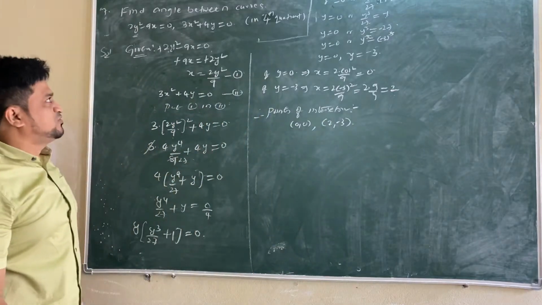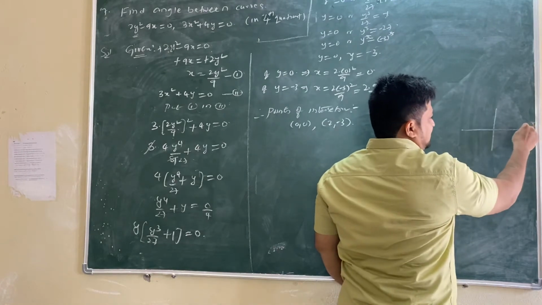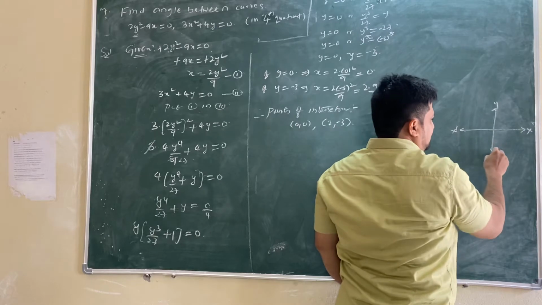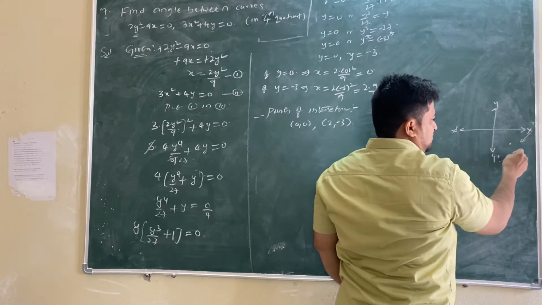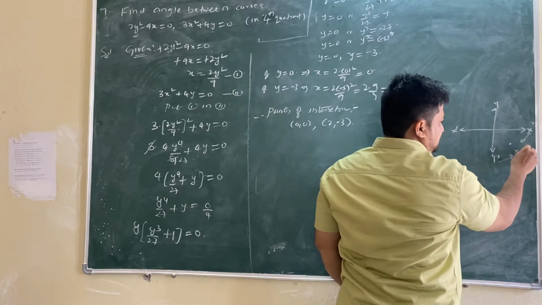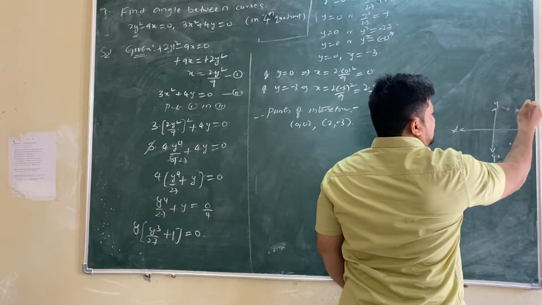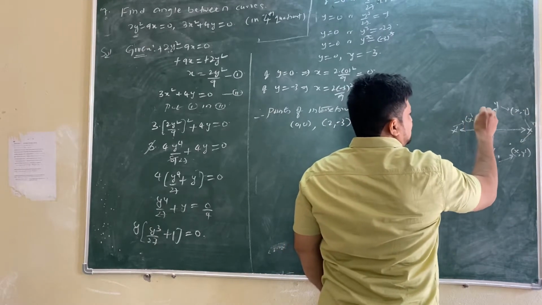Now which point we have to consider? Fourth quadrant means, suppose on a graph we have this is x dash, y, y dash. This region belongs to x and y dash, this region belongs to x and y, and this one x dash and y.